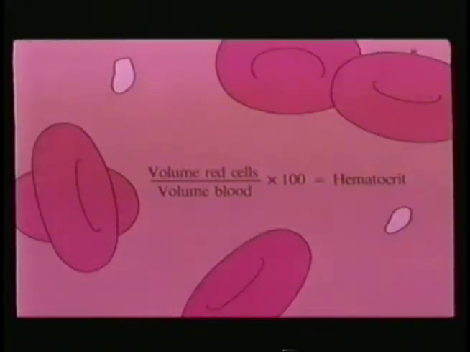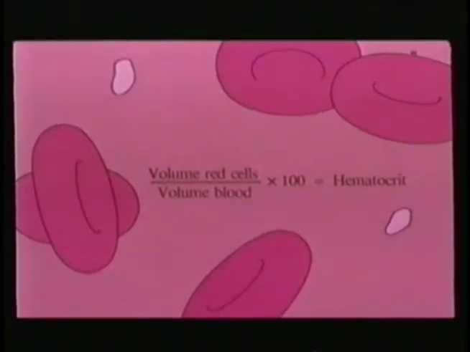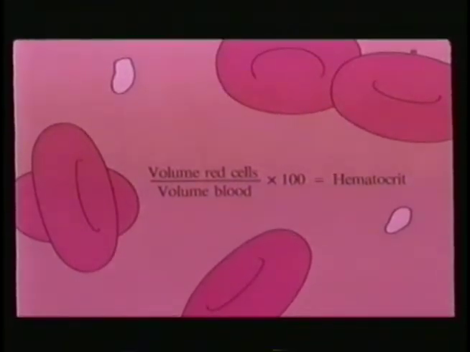46. Since blood is a suspension of blood cells in plasma, its flow properties are much more complicated than those of a simple fluid. The volume of red blood cells expressed as a percentage of the total volume of blood is defined as the hematocrit and is a major factor determining blood viscosity.